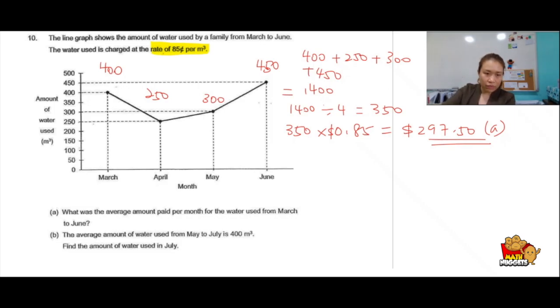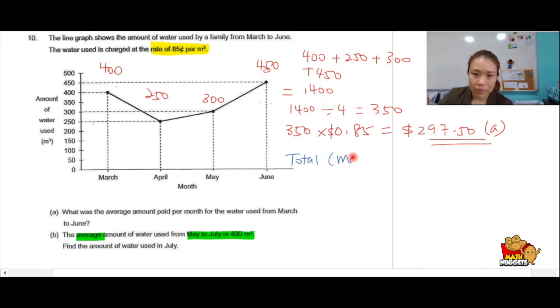Then part B, the average amount of water used from May to July was 400. So now they changed the months. May to July, average is 400. So total for May to July would be 400 times 3, 1,200 cubic meters.